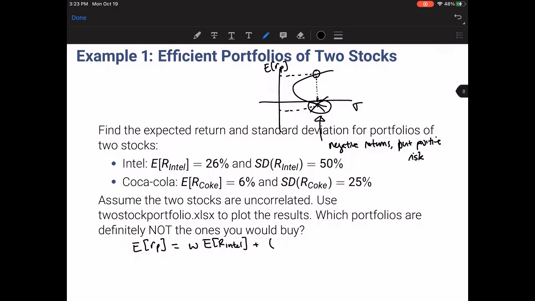Whatever amount of money you have that's not placed in Intel is going to be placed in Coca-Cola, and therefore you would get expected returns of ER Coke.